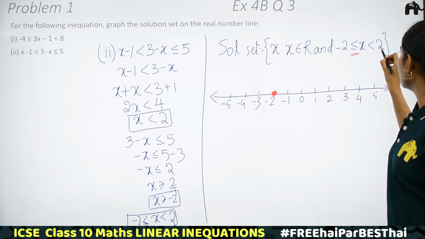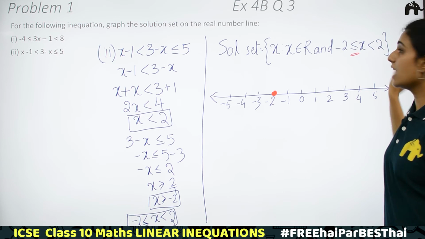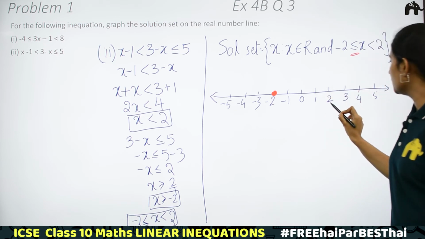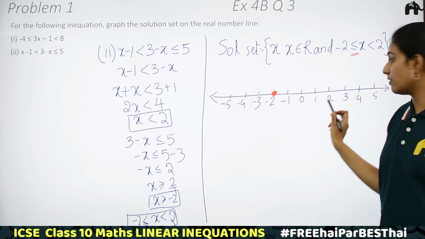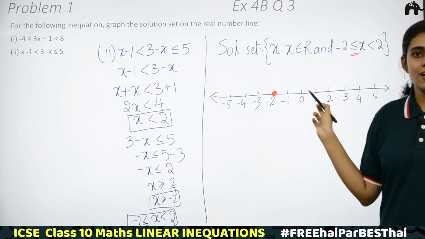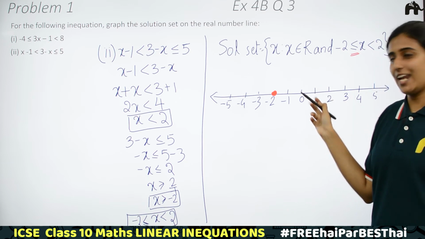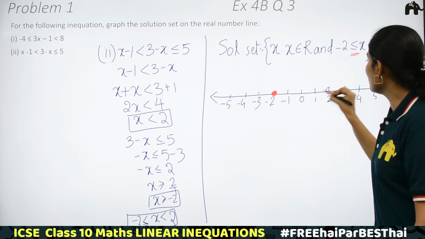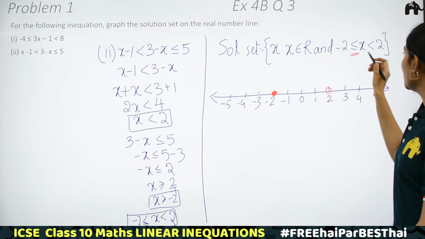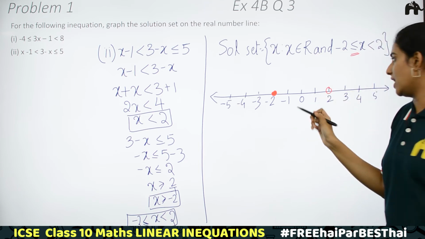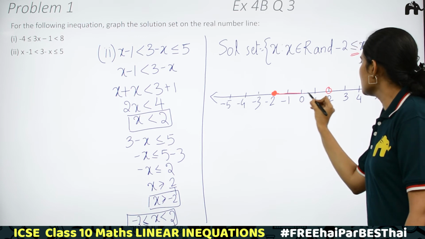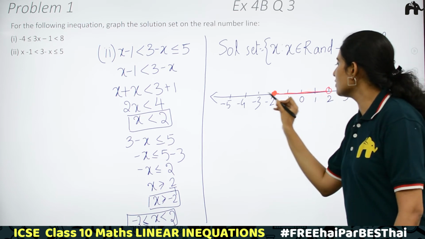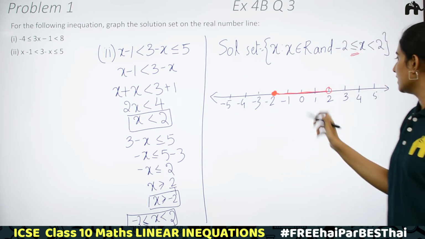Now the second one, that is x less than 2. Find 2 on the number line. Here we have the 2. Hollow circle or the darkened circle? Correct. We use the hollow circle. Why? Because here we have a strict inequality. Now this is the representation of solution set graphically.